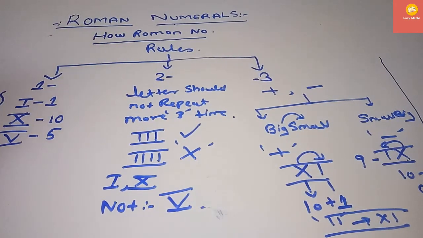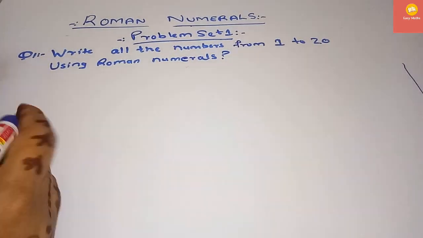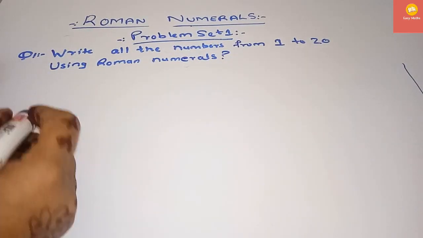Now we are going to do problem set number 1. Our question number 1 says, write all the numbers from 1 to 20 using Roman numerals. So we need to write the numbers 1 to 20 in Roman numbers.